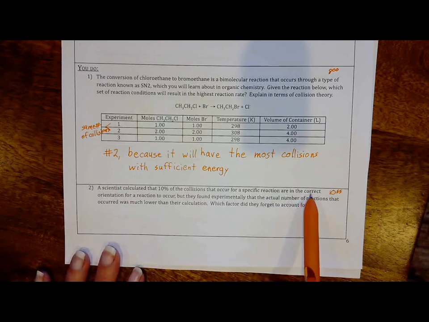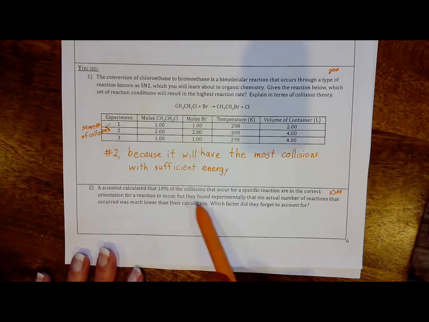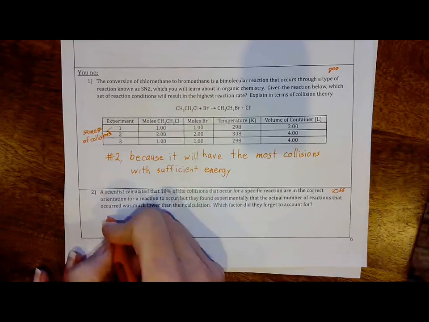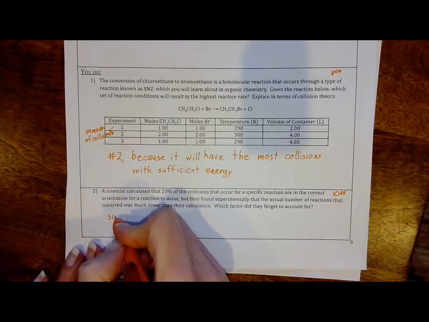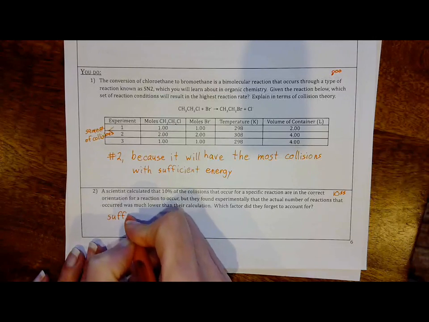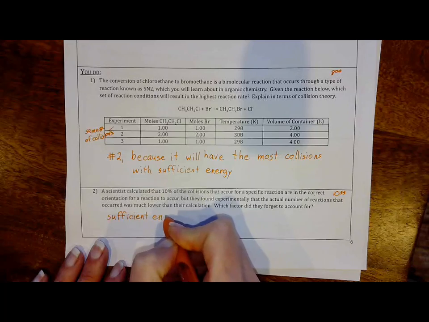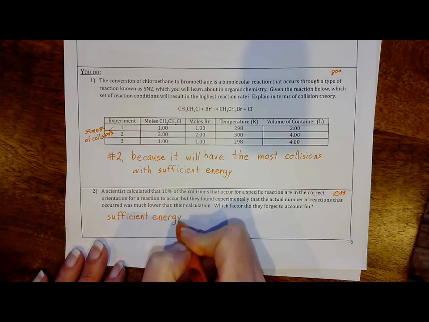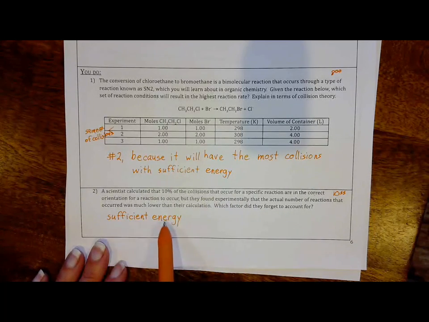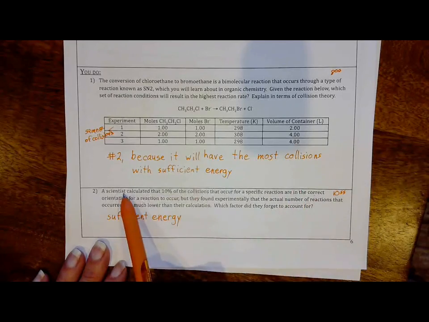So we talked about the correct orientation, but they forgot to account for sufficient energy to overcome activation energy. So remember, always two factors when we think about an effective collision, and that's sufficient energy and correct orientation.